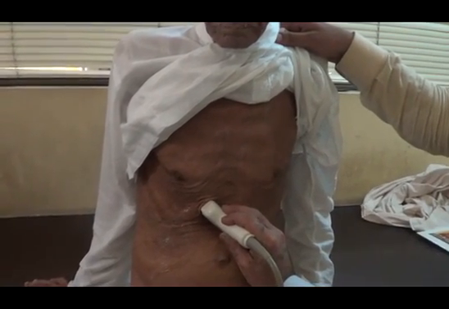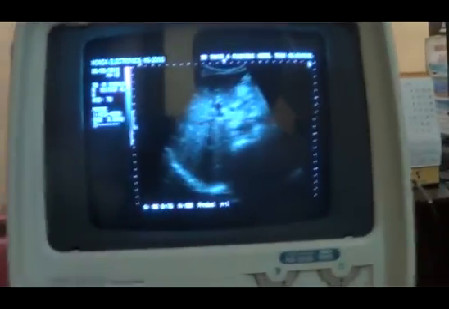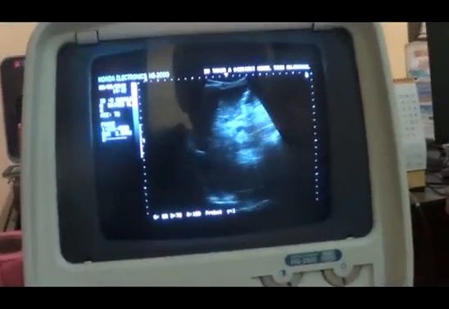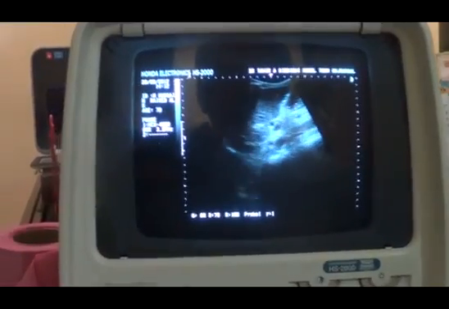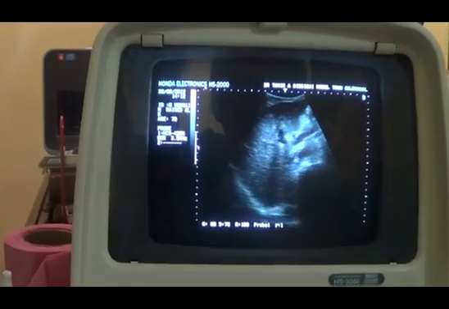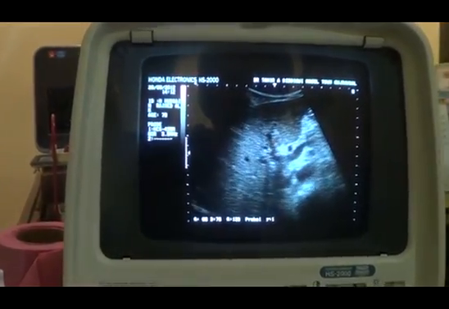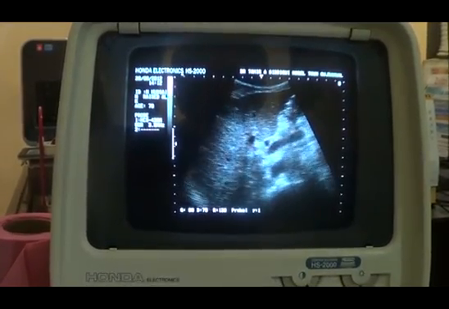So after image optimization, I started the ultrasound and placed the probe in the epigastric region to see if there is any porta hepatic region pathology, and what is the status of the common bile duct.